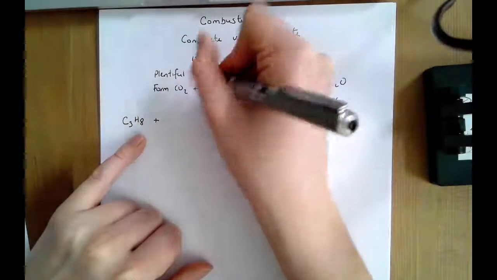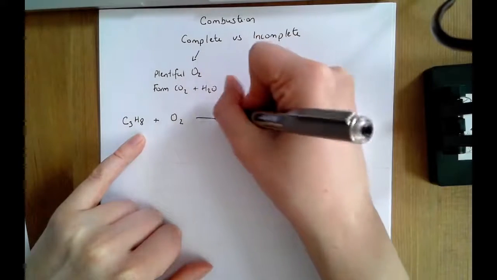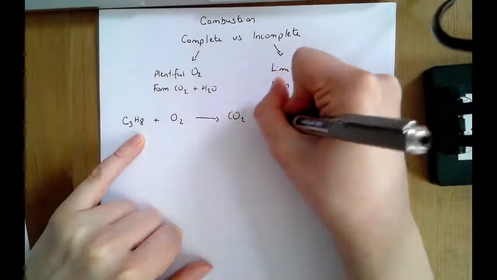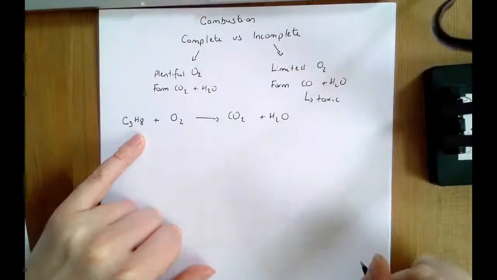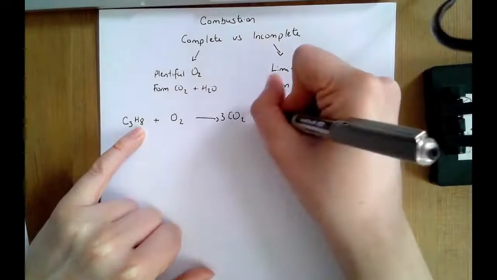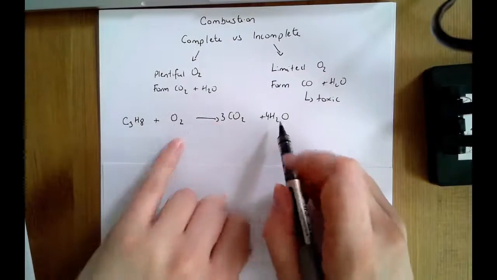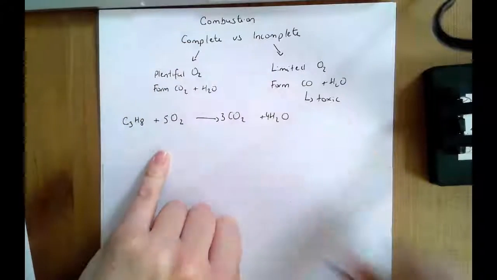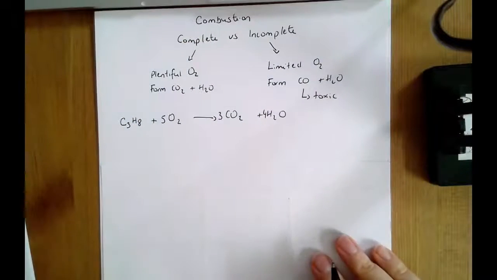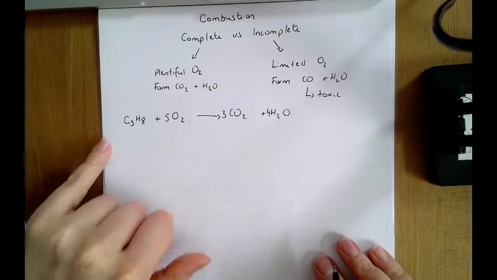I'm reacting it with oxygen because it's combustion and it's complete combustion. So I'm forming CO2 and H2O. Now all I need to do is balance: 3 carbons, 8 hydrogens. I need 8 hydrogens. Now I've got 3 times 2 is 6 and 4 is 10 oxygens. So I need 10 oxygens on the left. It's easiest to balance carbon first, then hydrogen, and then the oxygen.